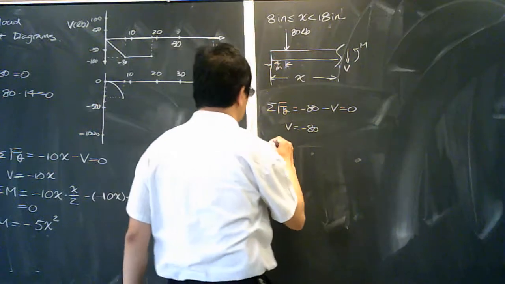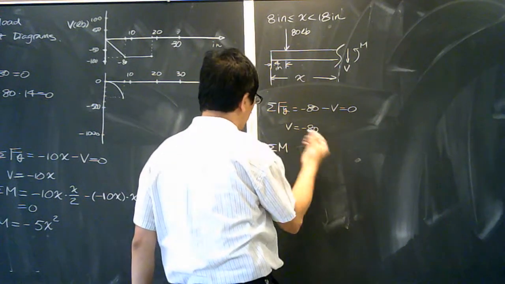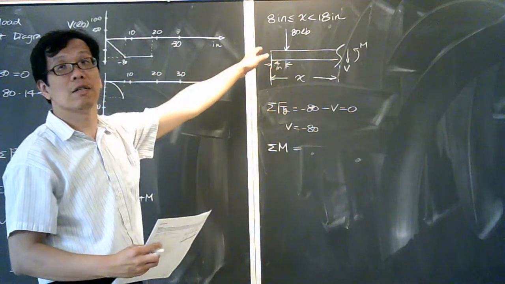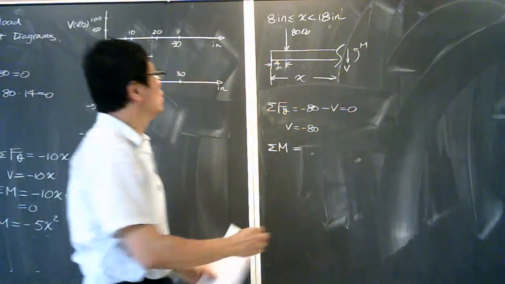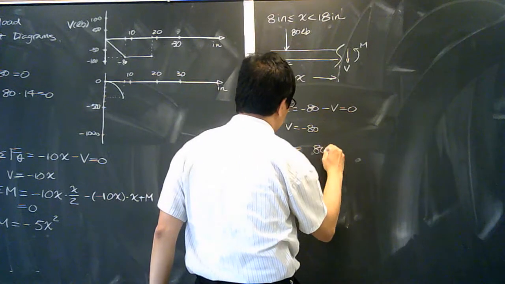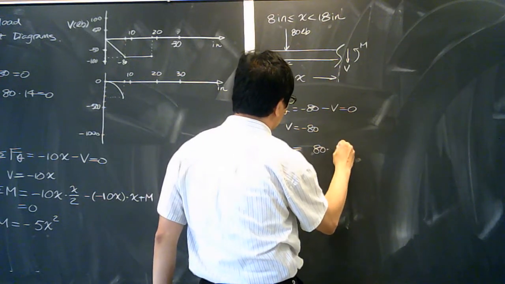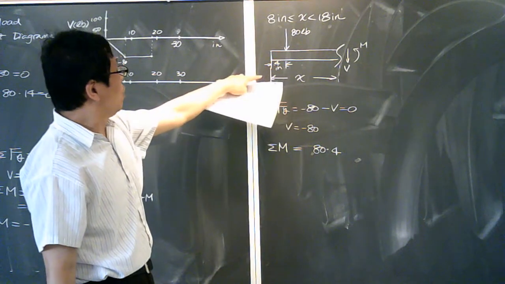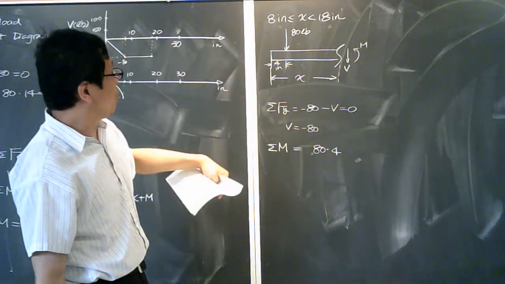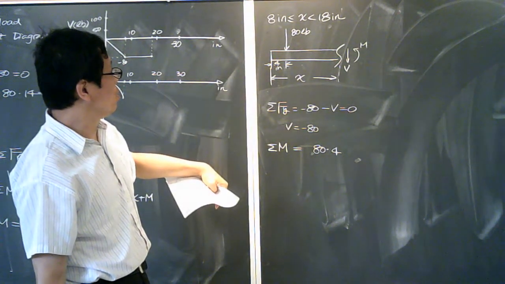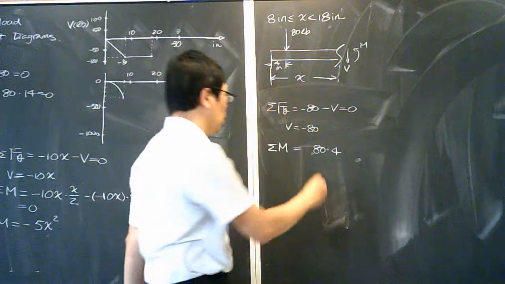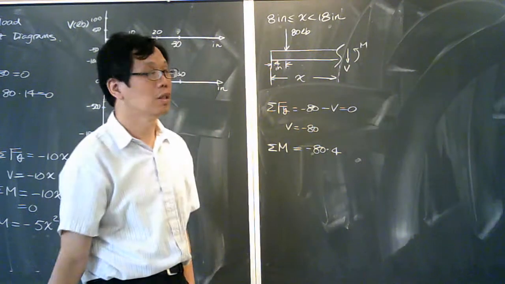Okay. Now we need to do the moment equation. Still, we want to have that at your left hand side. So I have 80 multiplied by 4 inches. So am I talking about clockwise or counterclockwise moment? Clockwise. So I have a negative sign in front of it.